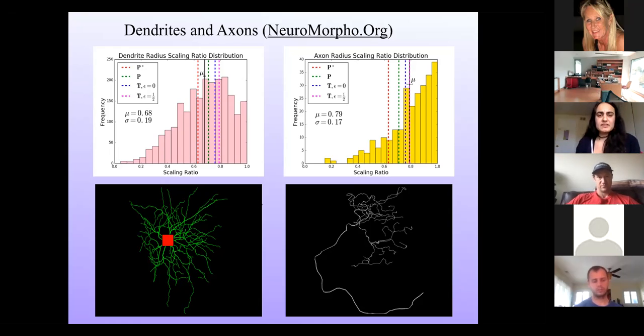And as you can see for the dendrites, the mean lies in between the two predictions for minimizing power, but it's not particularly close to either one. And this might be due to the fact that this data combines many different cell types. So what I wanted to do is look at some of these cell types individually.